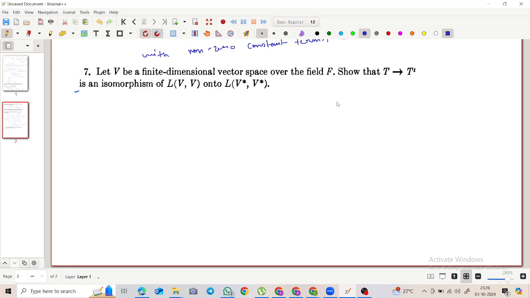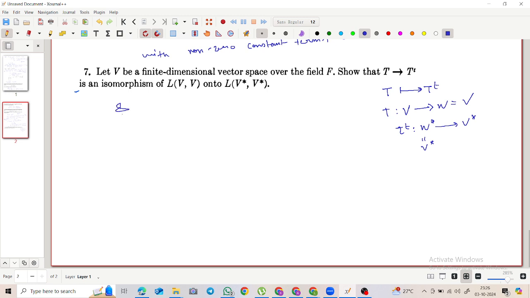Let V be a finite dimensional vector space over the field F. Show that T to T transpose is an isomorphism from L(V,V) to L(V star, V star). Is the statement clear? We have defined T transpose for T, right? If T is a map from V to W, then T transpose is a map from W star to V star. Similarly, if T is a map from V to V, T transpose is a map from V star to V star.